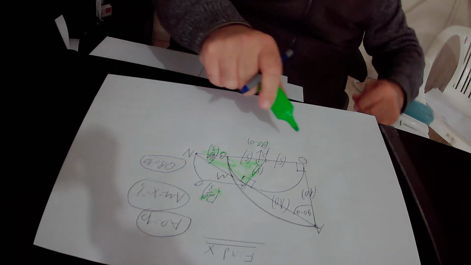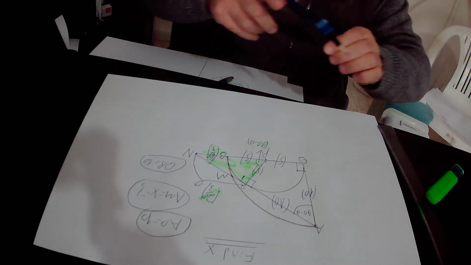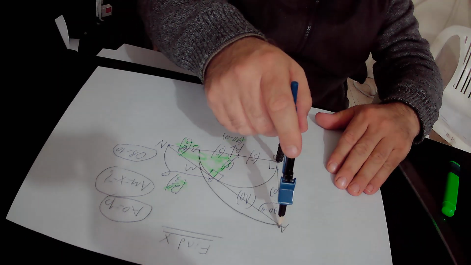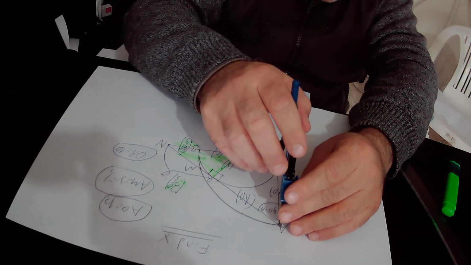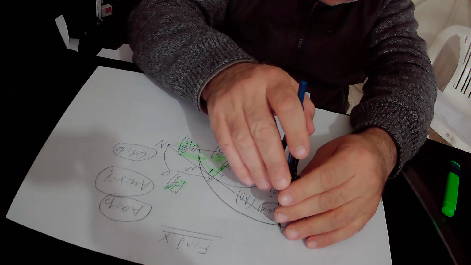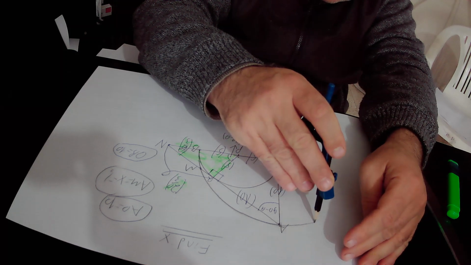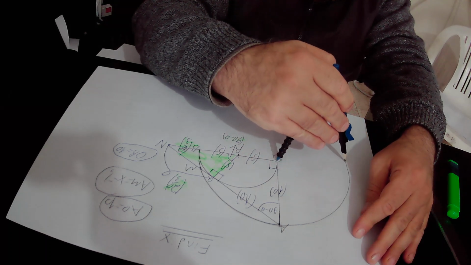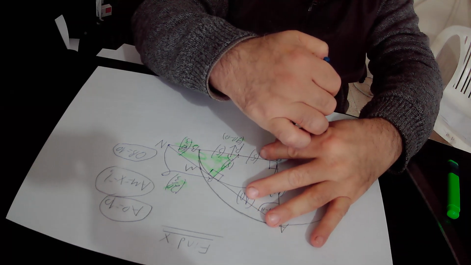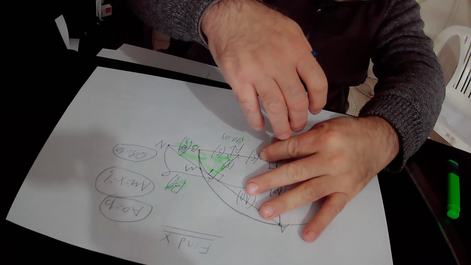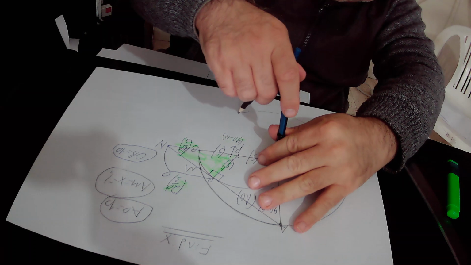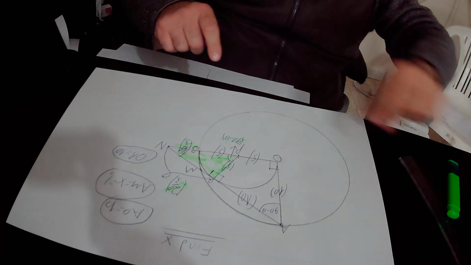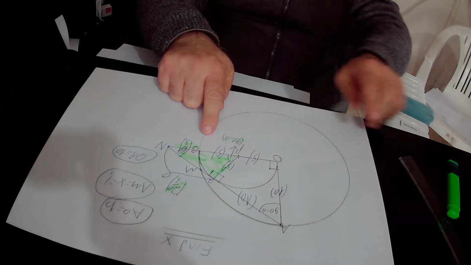In the next step, we will complete this quarter circle to a circle. We extend line segment BO until it touches the circle.